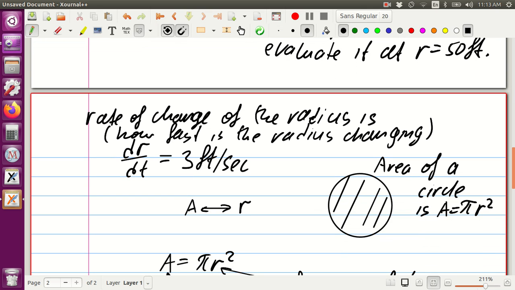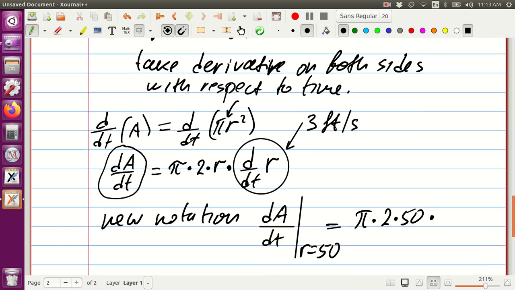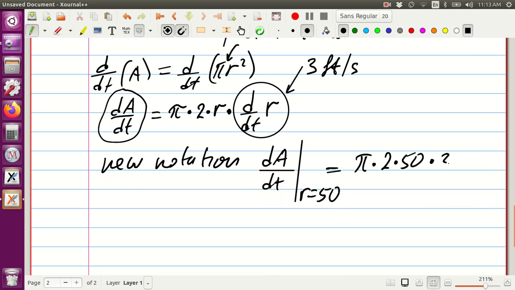Alright, so times 3. So our final answer is 3 times 2 is 6, times 50 is 300. So our answer is 300 pi feet squared per second.